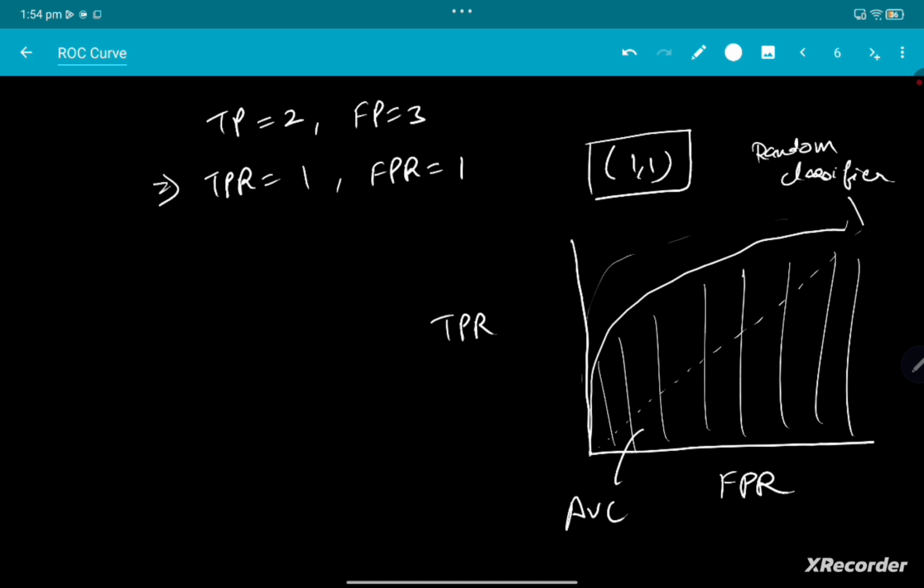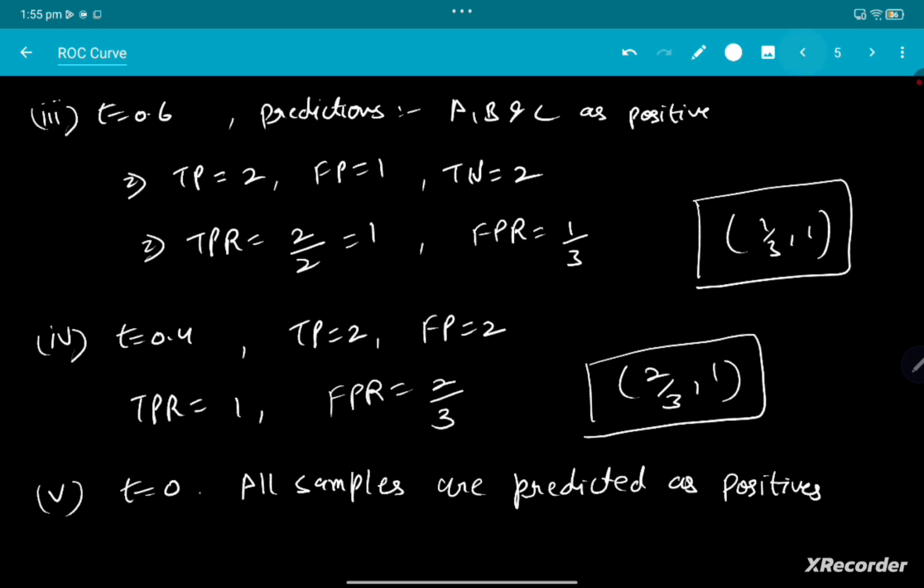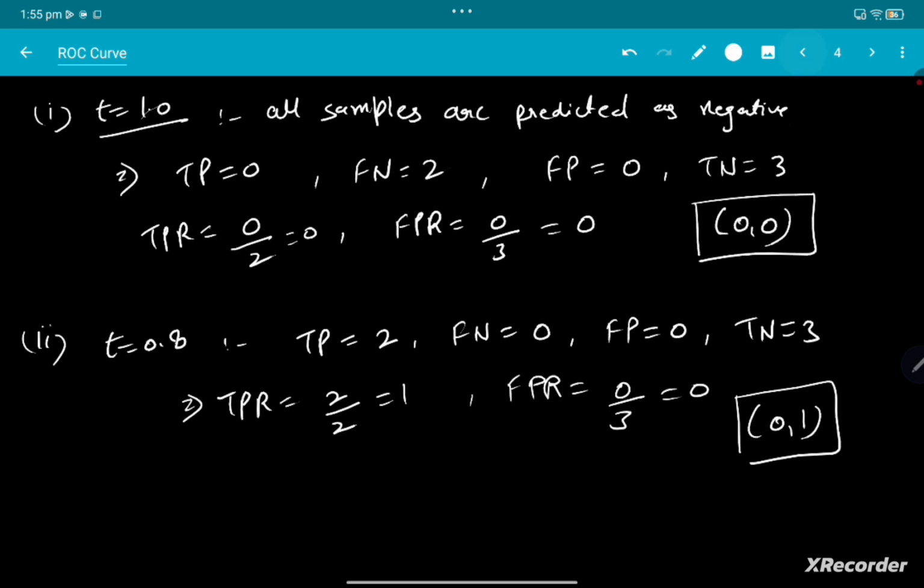Now which threshold is the best one among all the thresholds that we have chosen? So as we can see, the threshold 0.8 gives true positive rate equal to 1 and false positive rate equal to 0.